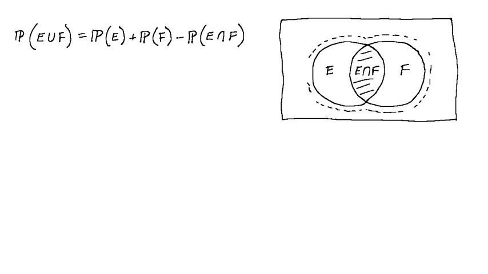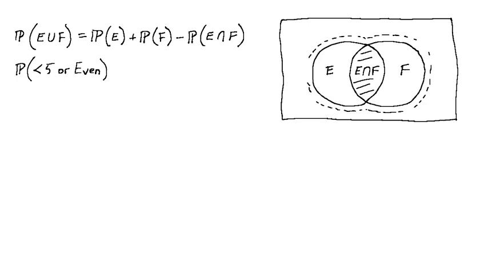To see an example of this formula in action, let's once again consider rolling a fair six-sided die. We'll ask for the probability of rolling a number that is either strictly less than 5 or even. So here we can think of E as the event rolling a number that is strictly less than 5, and F as the event rolling an even number.